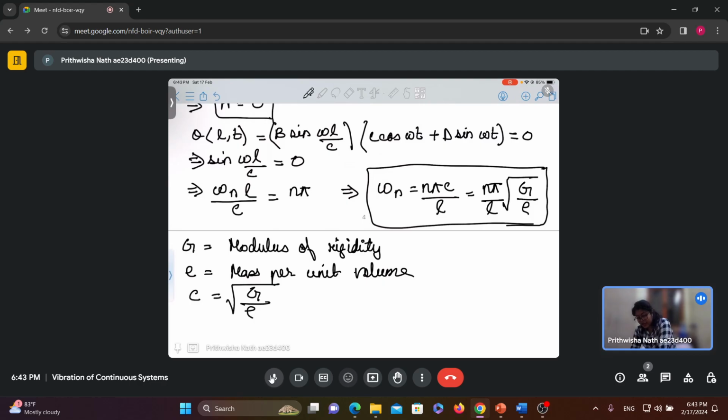So finally omega n turns out to be n pi divided by L times square root of G by rho.